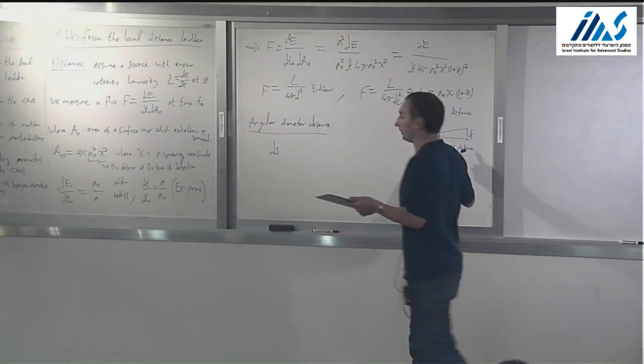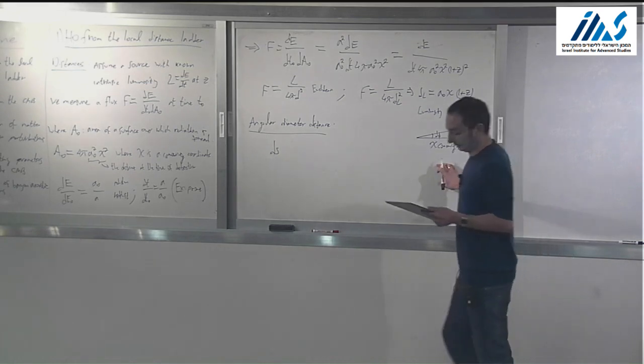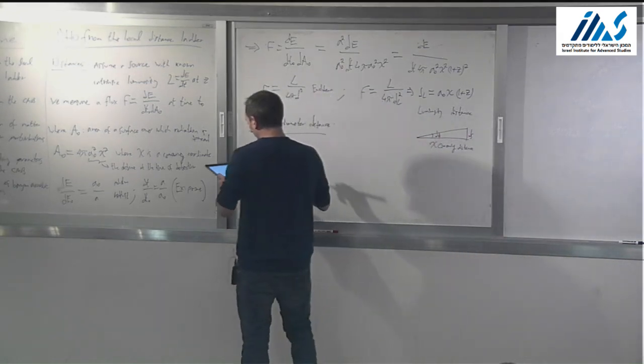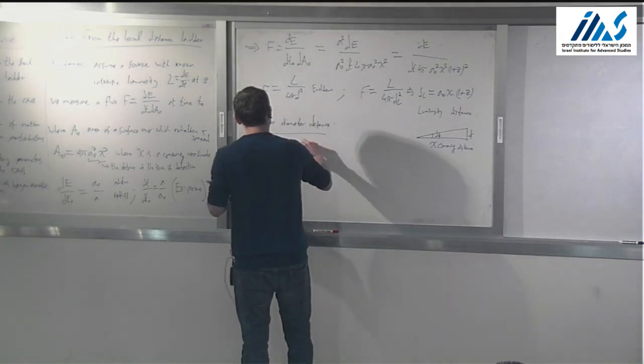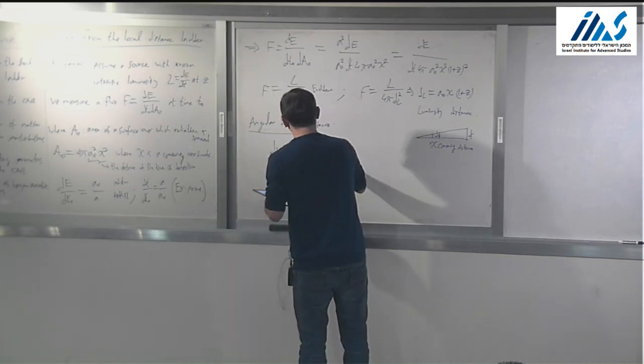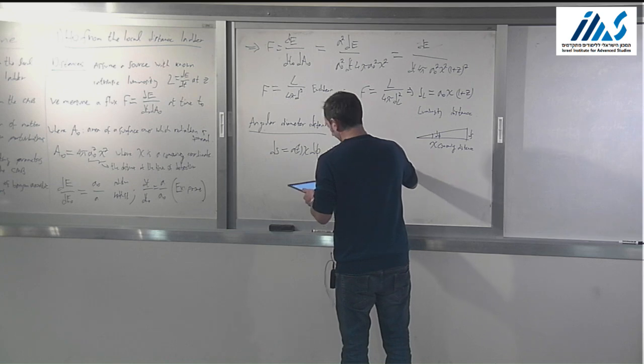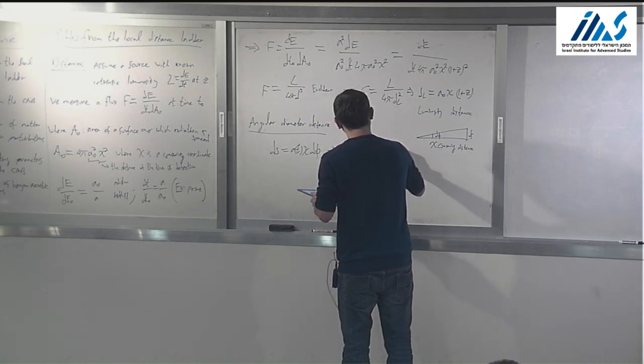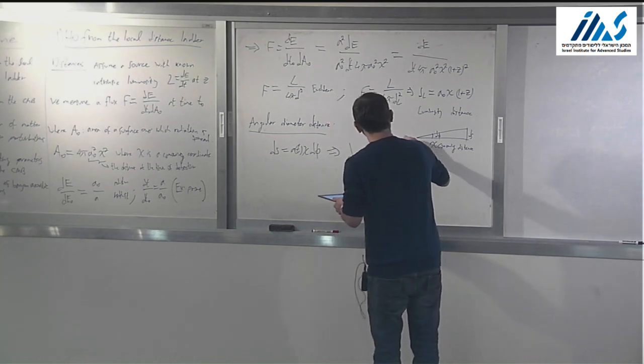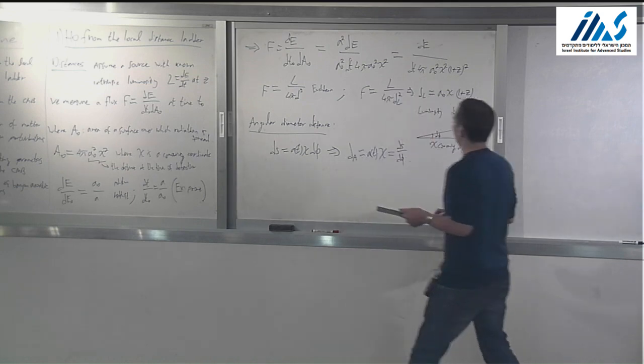Here we have an object for which we know what the size is. The relation between these is given by a naught chi d phi, and we can define dA equal to ds over d phi.